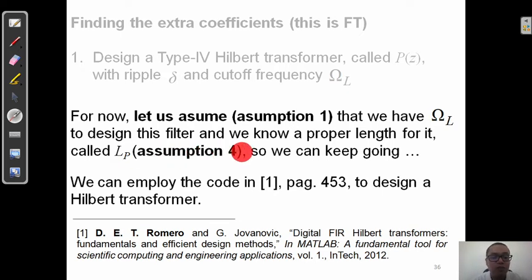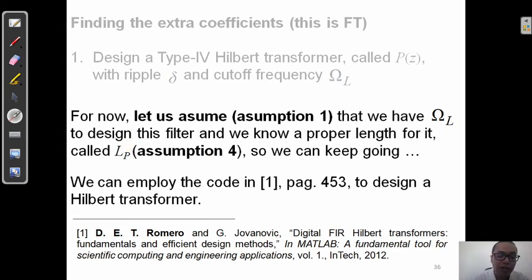This is assumption 4, that we have a proper length for that filter. We could estimate a length for that filter using delta and using omega L, but we don't know omega L. So we are assuming that we can estimate.